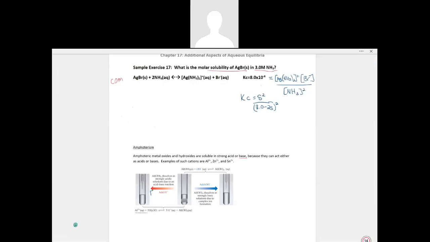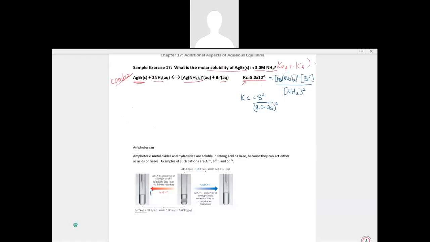Remember, this is a combination of both the salt ionization and the complex ion forming equation. We see this Kc value given over here, respective of the combination of these equations. This Kc is for both the Ksp and the Kf.